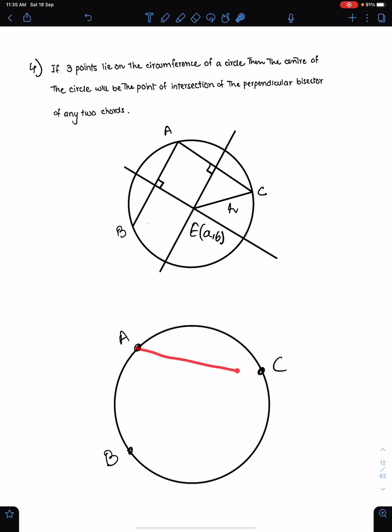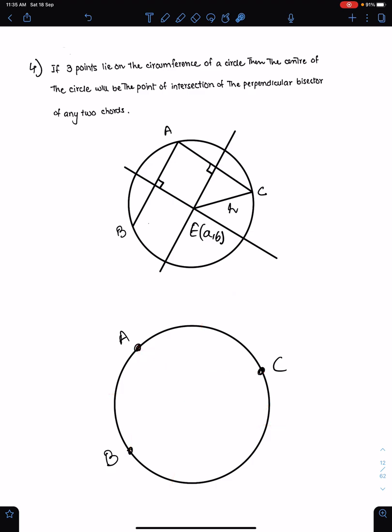If we make these two chords, then this is the perpendicular bisector of chord AC, this is the perpendicular bisector of chord AB. Therefore, the center is always the point of intersection of these two bisectors, because the center always lies on the perpendicular bisector of the chord.